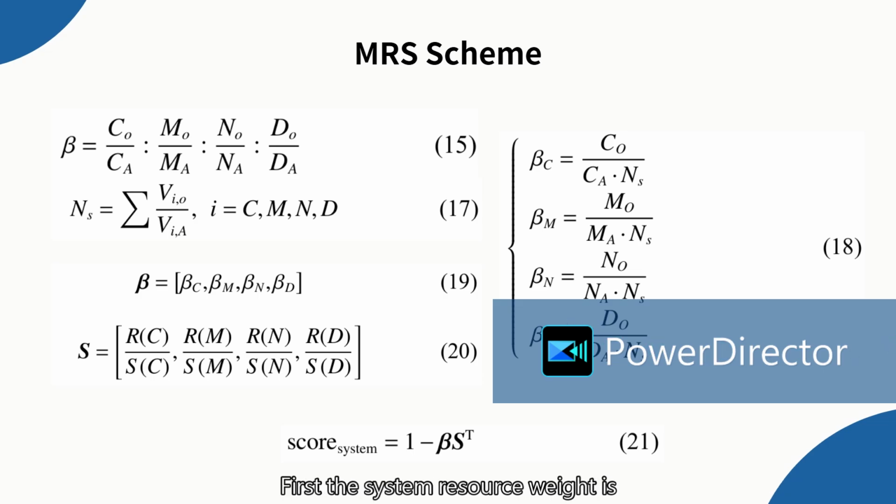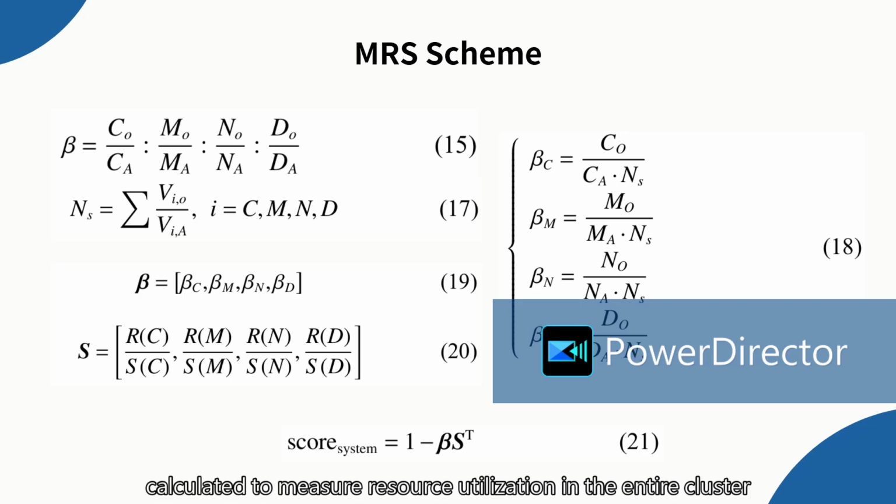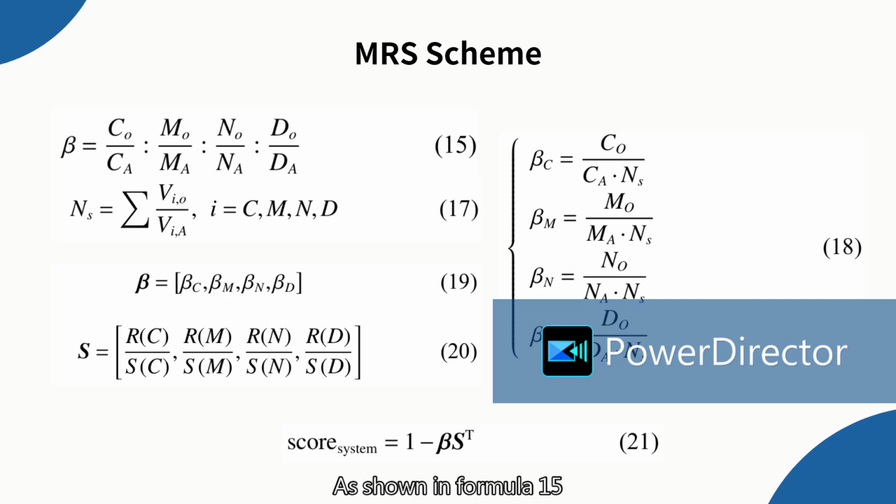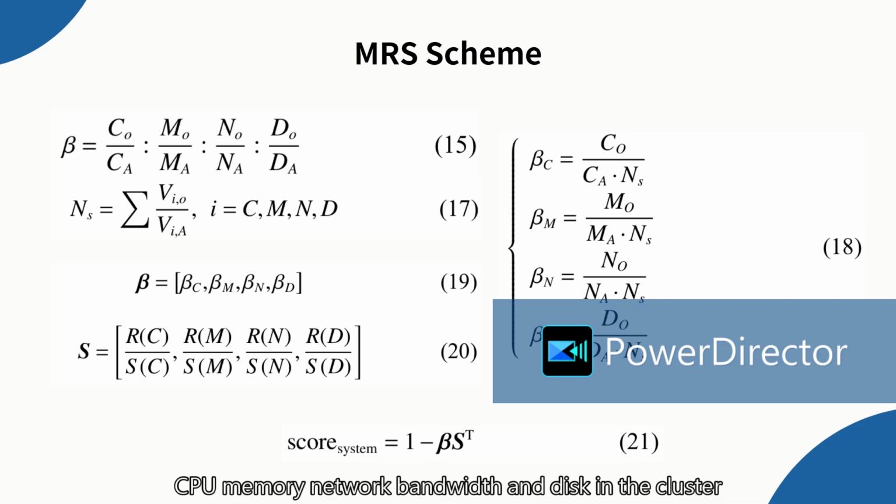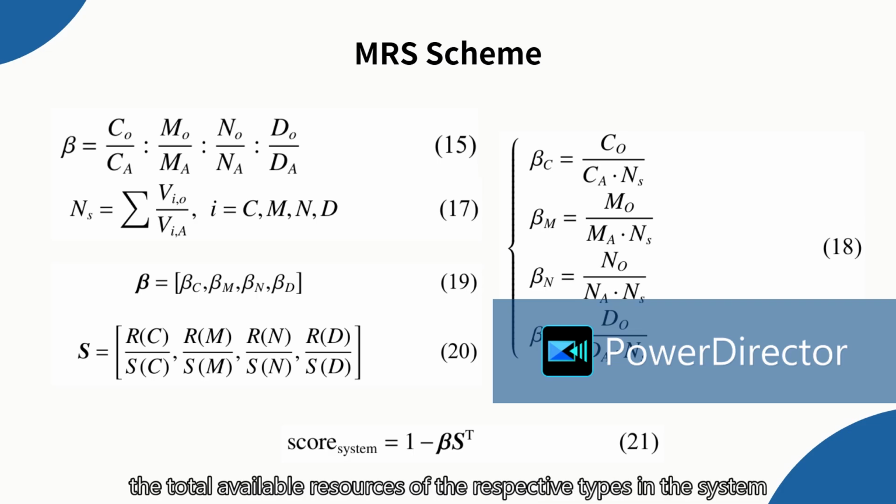First, the system resource weight is calculated according to resource utilization in the entire cluster, as shown in Formula 15. The resource weight is determined based on the average total occupancy of CPU, memory, network bandwidth, and disk in the cluster. These values are then compared to the total available resources of the respective types in the system.